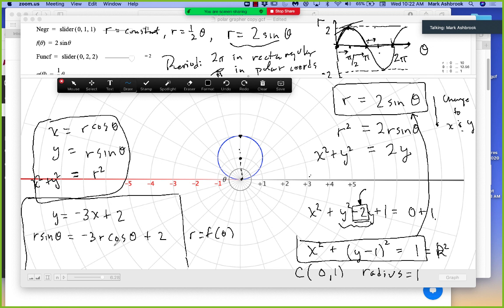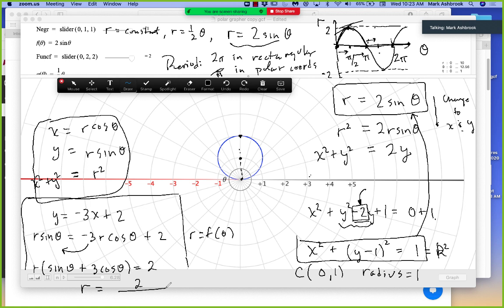So I move this over to this side, and then factor out an r. That gives me r times sine theta plus 3 cosine theta. And I'm one step away, so r equals what?